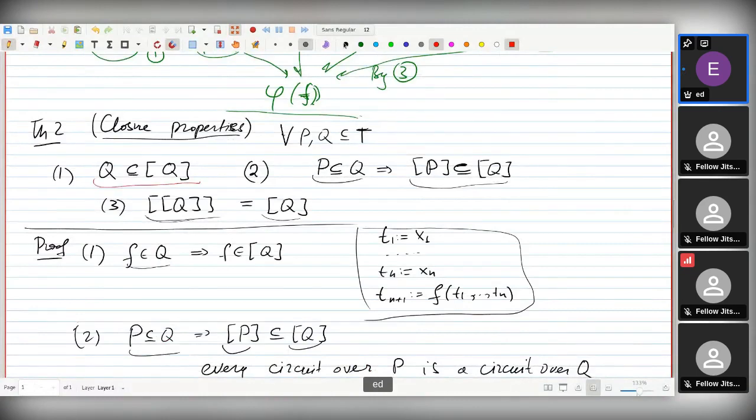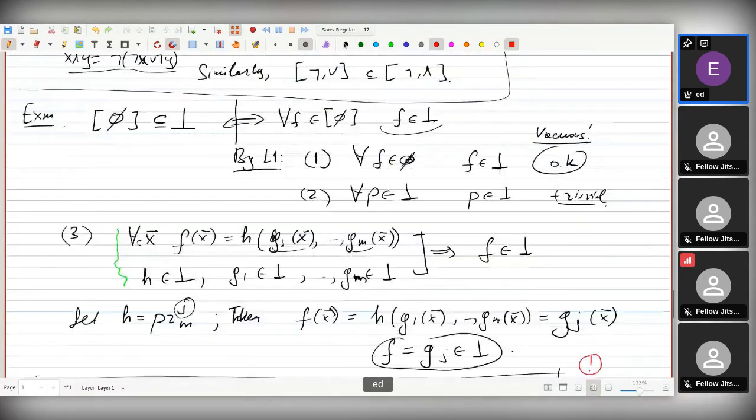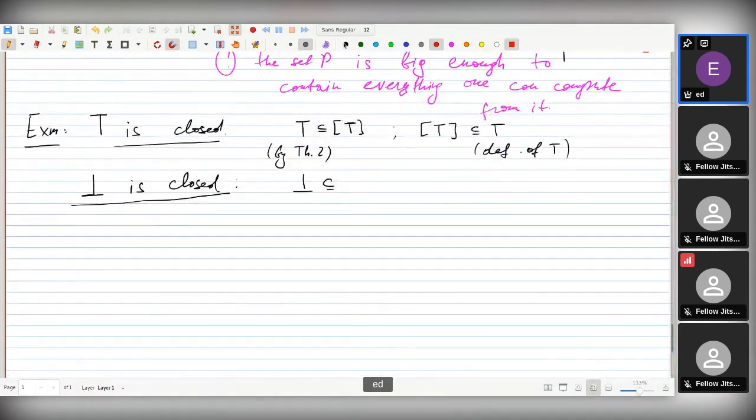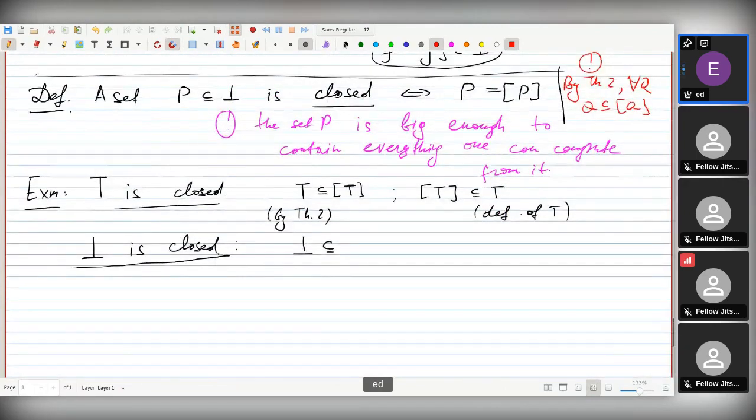The only thing we need is to prove that the closure of Q is included into Q. How can we prove it?